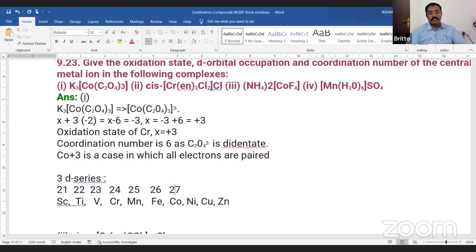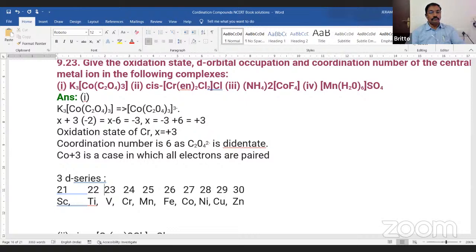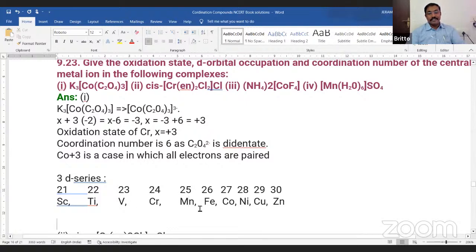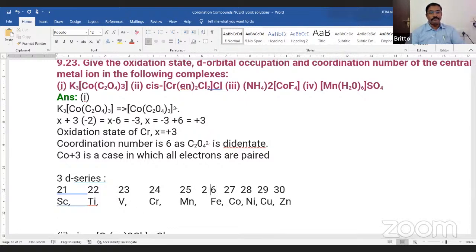It's better to memorize this, and it is easy. Then nickel 28, copper 29, and zinc 30. While I type, you can memorize scandium, titanium, vanadium, chromium, manganese, iron, cobalt, nickel.